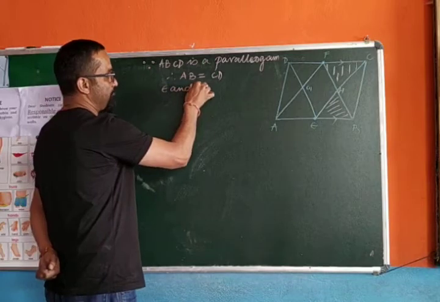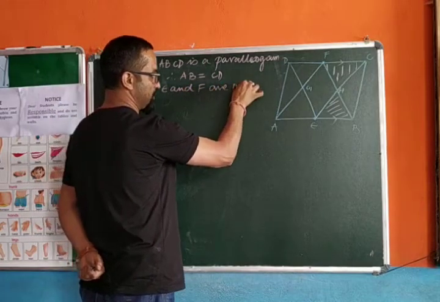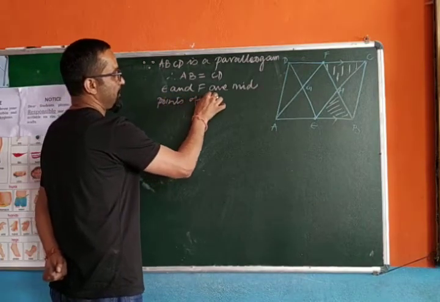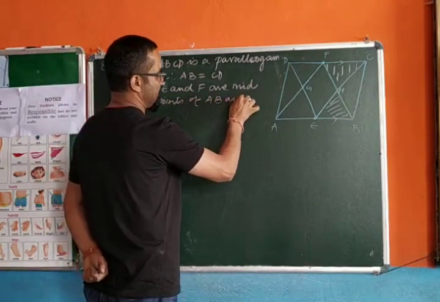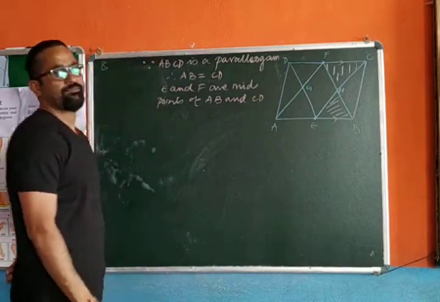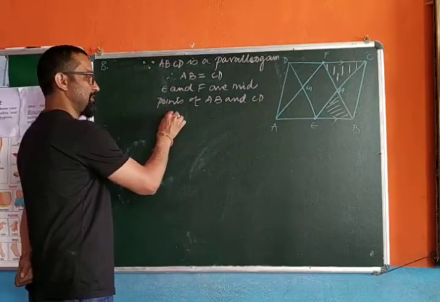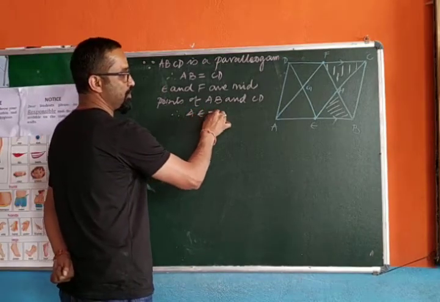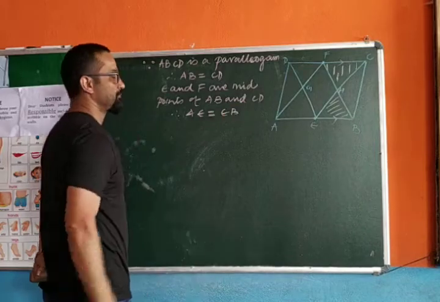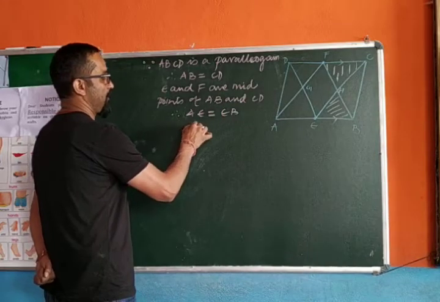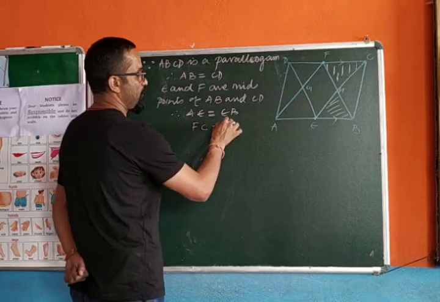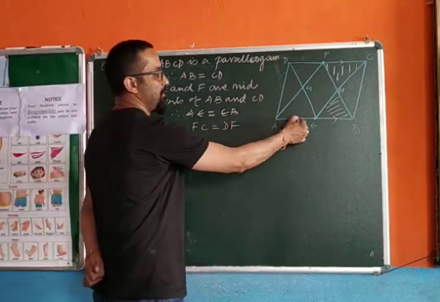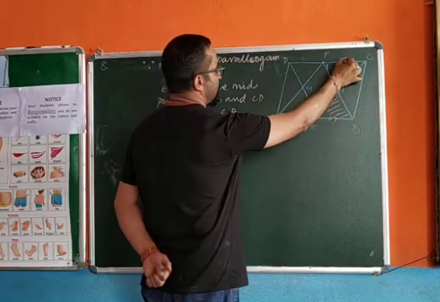E and F are midpoints of AB and CD. Therefore, AE is equal to EB and FC is equal to DF. Midpoint means the line is divided in equal halves.